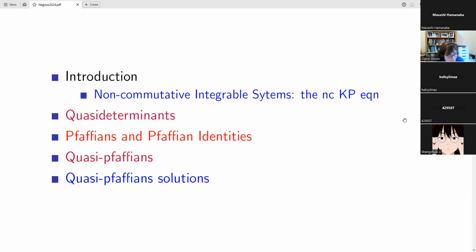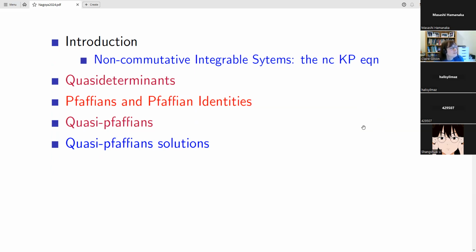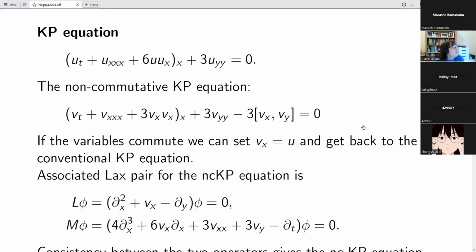Shihao Li has a slightly different definition, but the basic essence of it is in what I'm going to tell you today. And then hopefully we'll look at some equations and some ways towards its solutions. There's a lot of questions that still need to be answered for this, but there's a lot of interesting things that have been answered. So first of all, just a little bit about the KP equation, just to introduce non-commutativity.